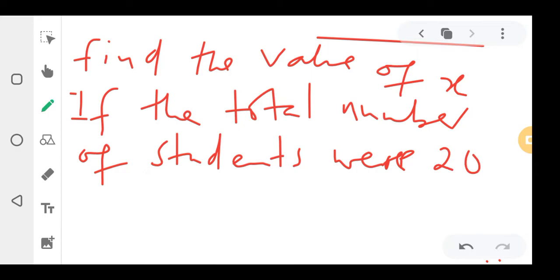Find the value of x if the total number of students were 20. Okay?